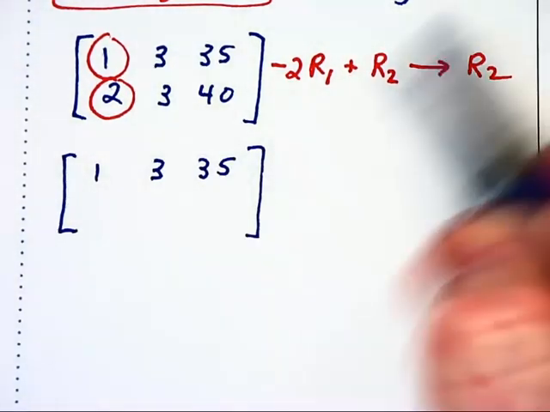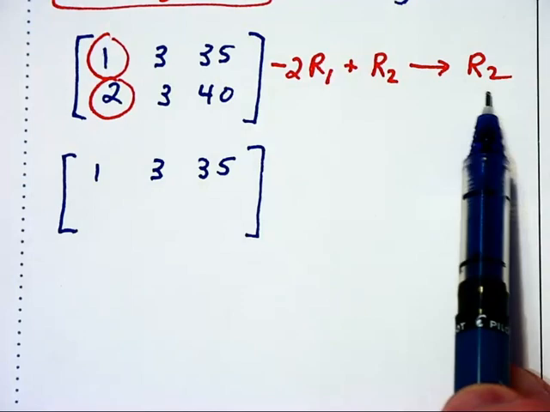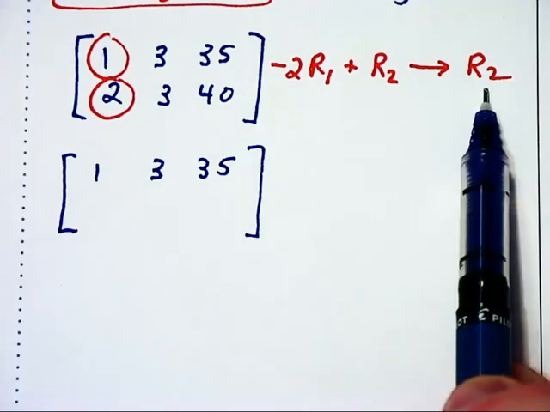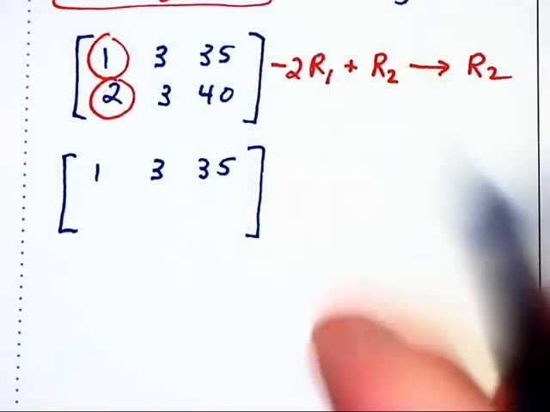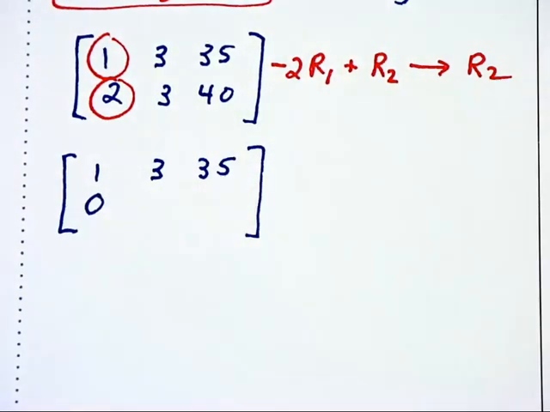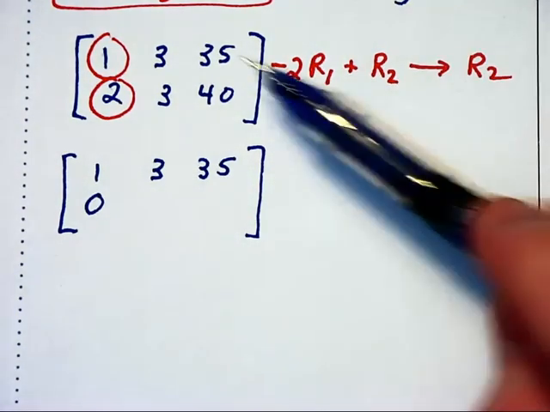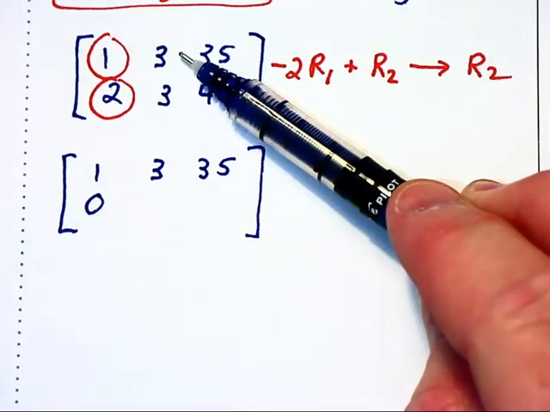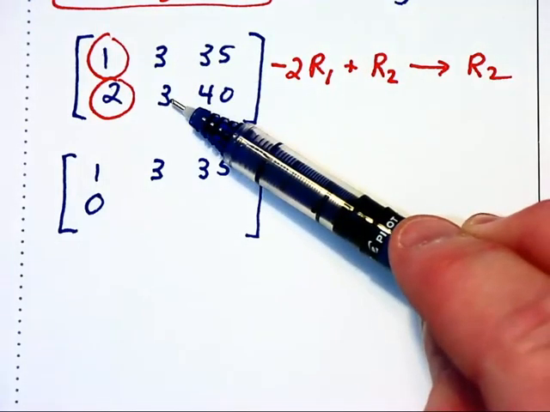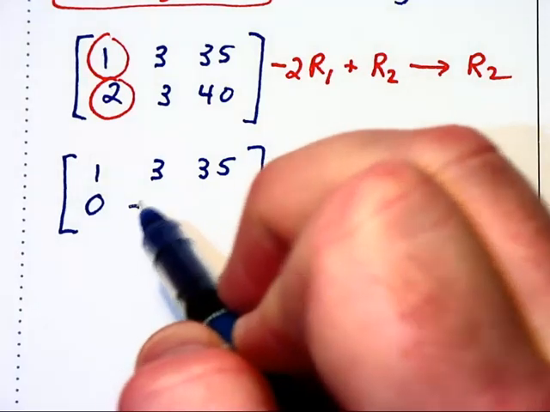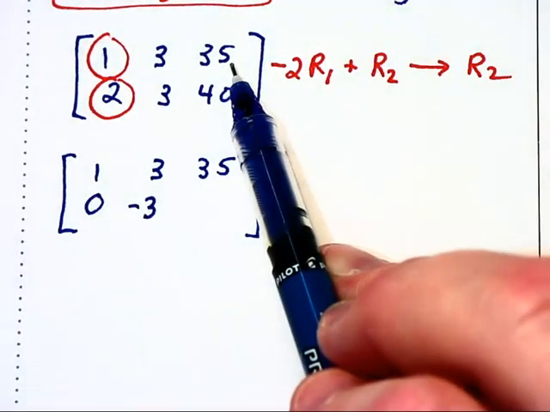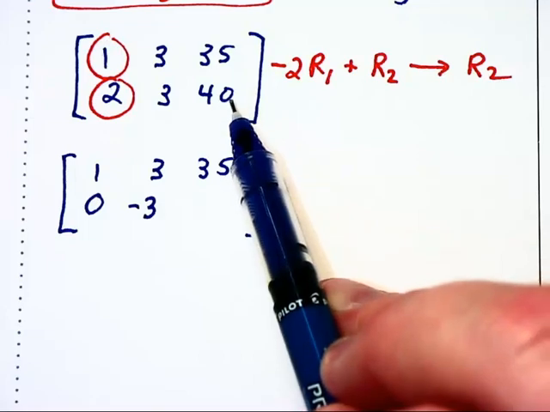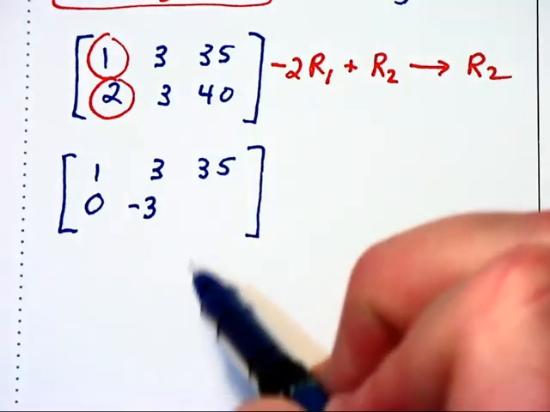The second equation is, however, going to change because we said replace row 2 with this new thing. So negative 2 times this 1 is negative 2, plus the 2 beneath it makes 0, as we had planned. Negative 2 times the 3 on the top row makes negative 6, plus the 3 beneath it is negative 3. Negative 2 times the 35 is negative 70, plus the 40 makes negative 30.